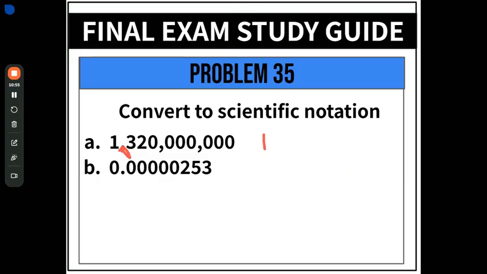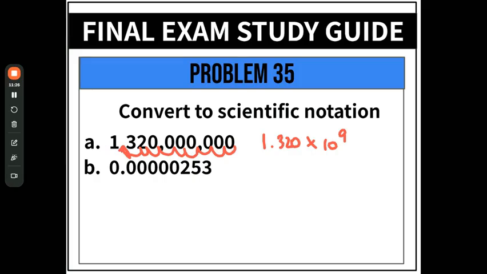So I'm going to start with 1.320. And then my goal is to figure out how many times I need to move the decimal to get it to where it actually is in the number they gave me. So let's count. 1, 2, 3, 4, 5, 6, 7, 8, 9. So times 10 to the positive 9. Why? Because my number is getting bigger here.